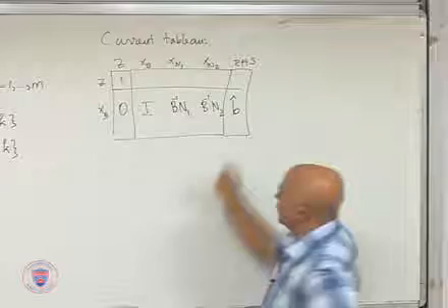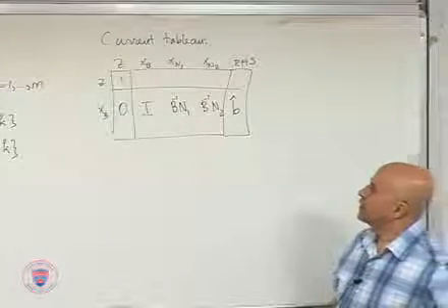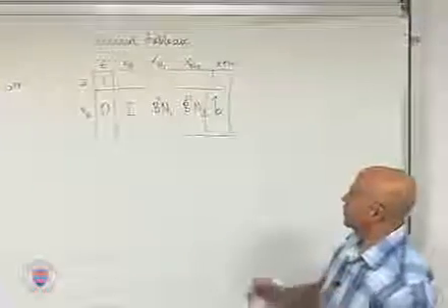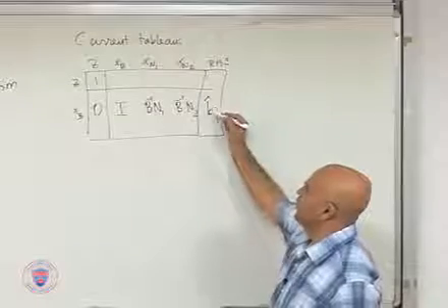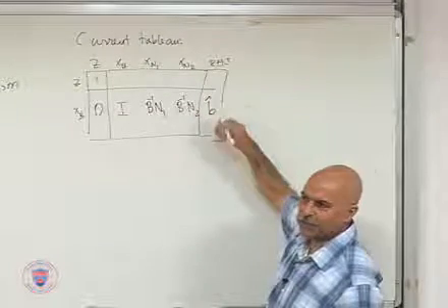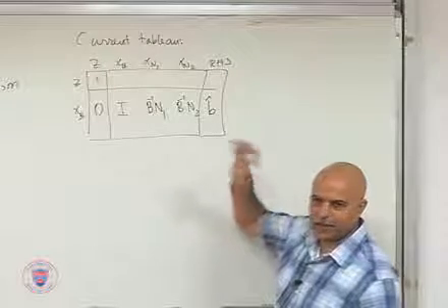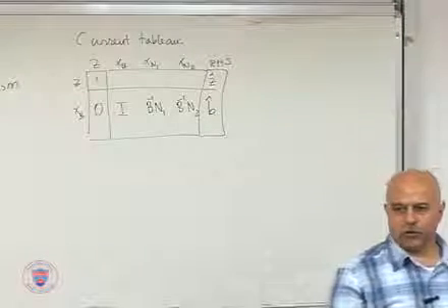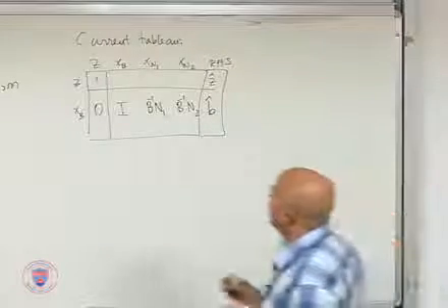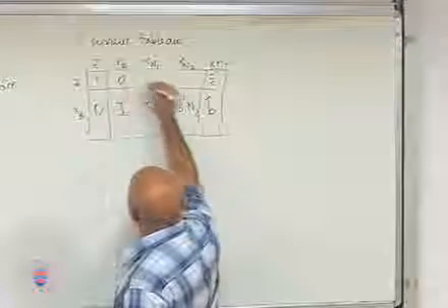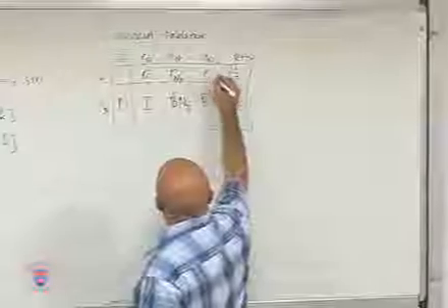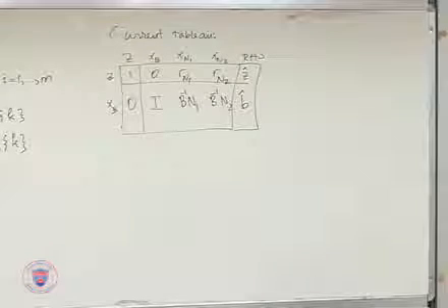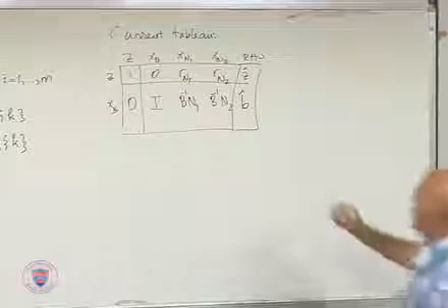You've got B cap on the right-hand side column. You put B cap here, okay? Don't think of it as the old case. It's not B inverse times the entire thing. B cap is different from B inverse b, okay? B cap is B cap. And also you've got Z cap here, which is somewhat different from the old situation, okay? And here you've got 0, the reduced cost for the first type of variables, and reduced cost for the second type of non-basic variables. That's the current tableau relative to basis B.